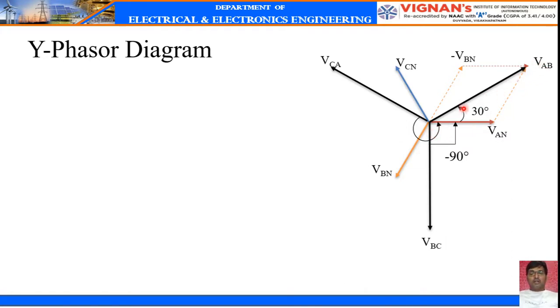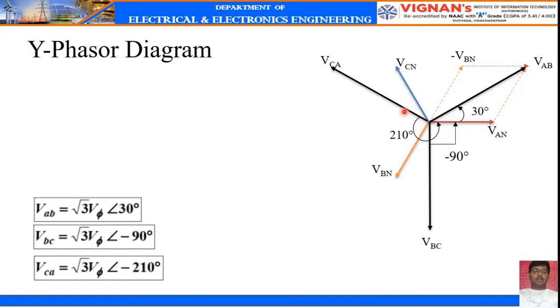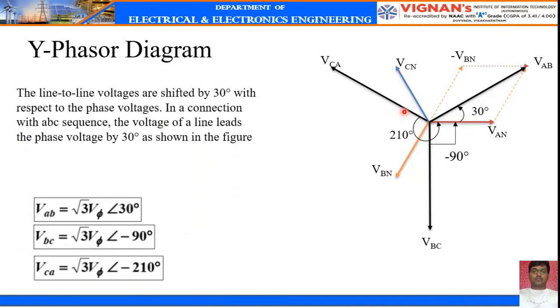If you measure the angle between VAB, VBC and VCA, mutually it is 120 degrees. Any line voltage leads its phase voltage by 30 degrees. VAB leads VA by 30 degrees, VBC leads VB by 30 degrees, and VCA leads VC by 30 degrees. Is it clear? So this is the phasor diagram for three-phase star-connected voltage sources.